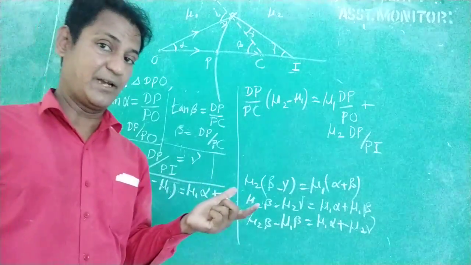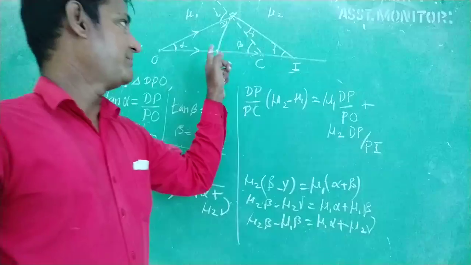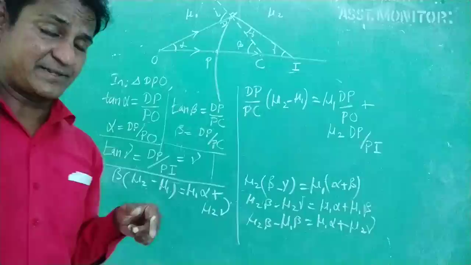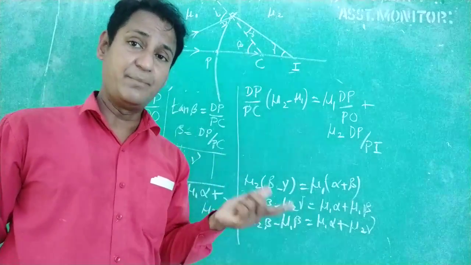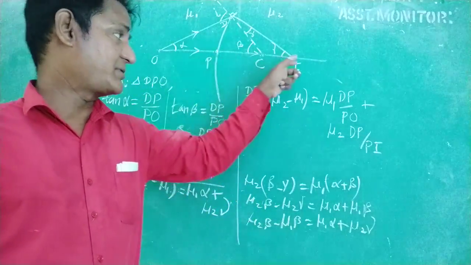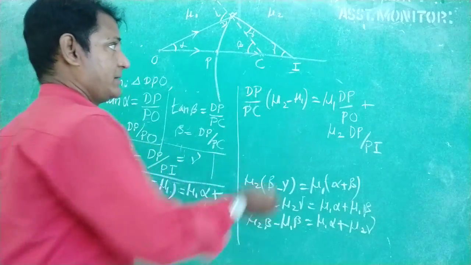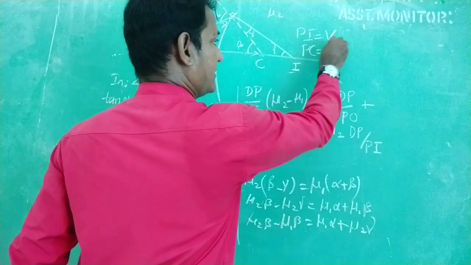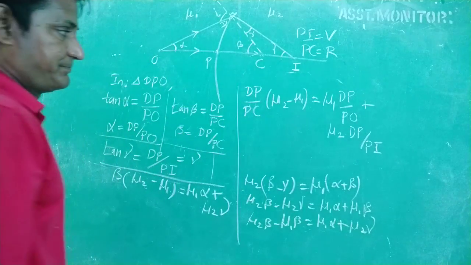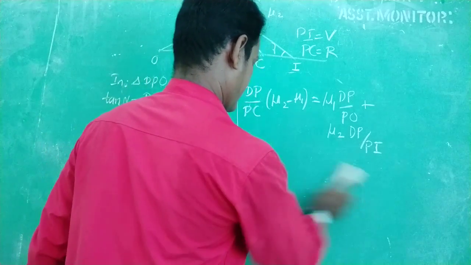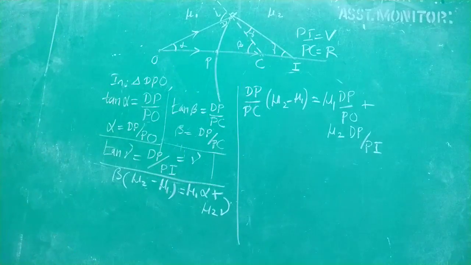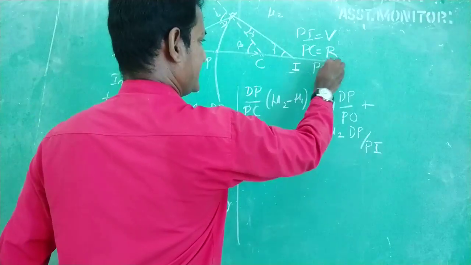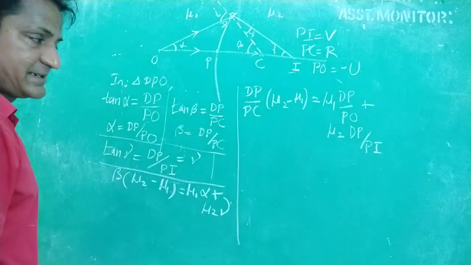PC is the radius of curvature, which is taken along the direction of the light ray, so it is plus R. PI is the image distance, which is taken along the direction of the light ray, so PI is equal to plus V. And PO is taken opposite to the direction of the light ray, so PO is equal to minus U, the object distance.